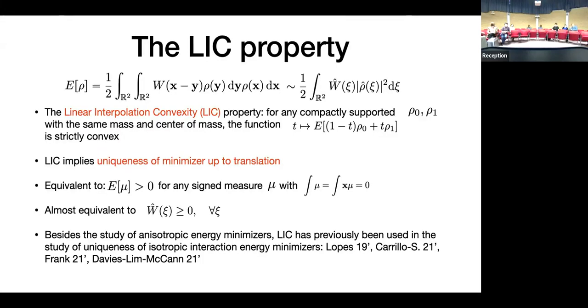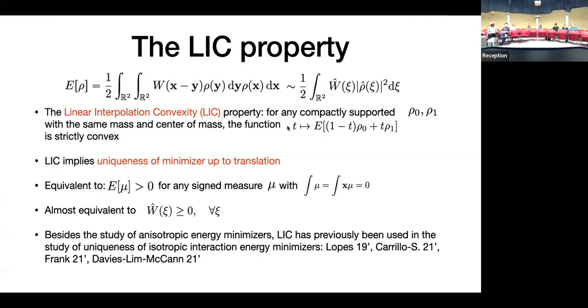For any compactly supported measures, rho 0 and rho 1, with the same mass and center of mass, if we define a function which maps T to the energy of a linear interpolation between rho 0 and rho 1, this function of T is always strictly convex. So this property is important because it automatically implies the uniqueness of energy minimizer up to translation.